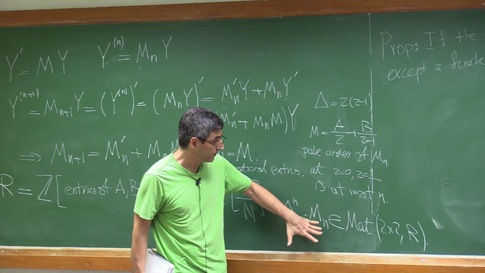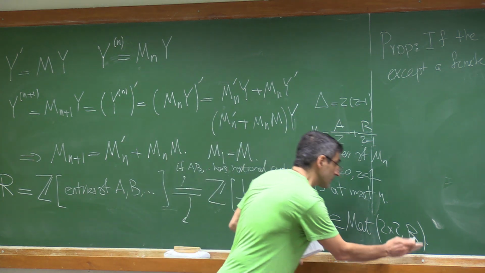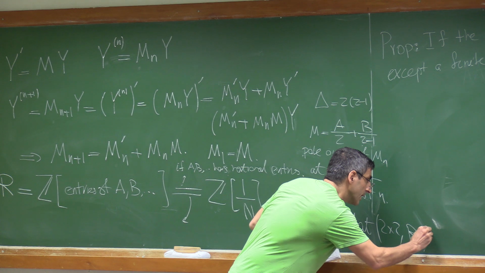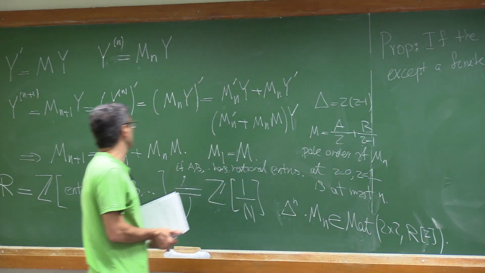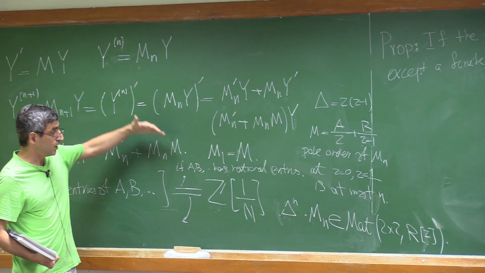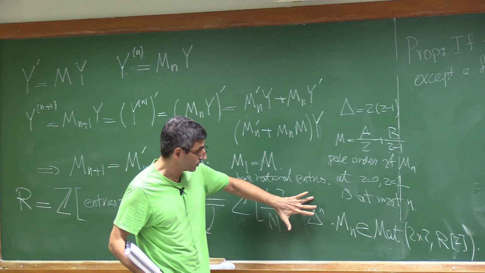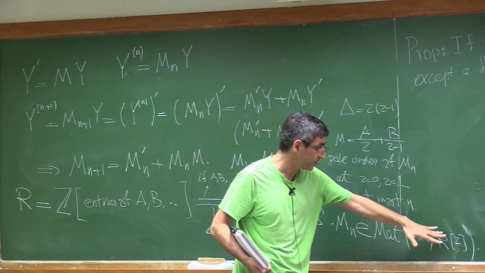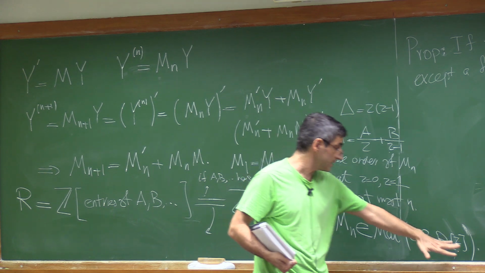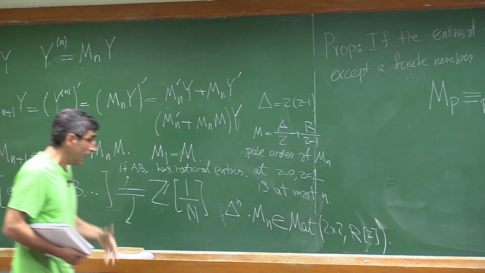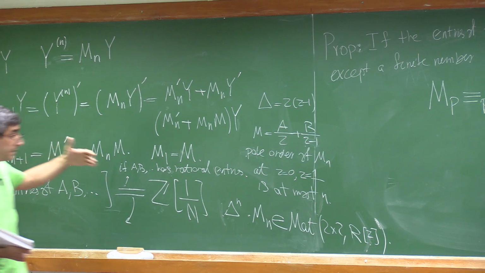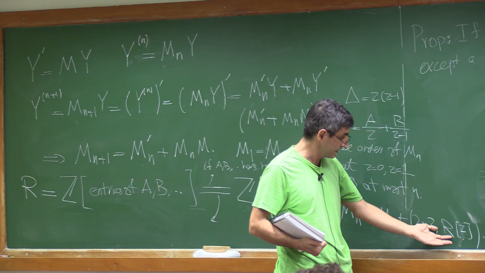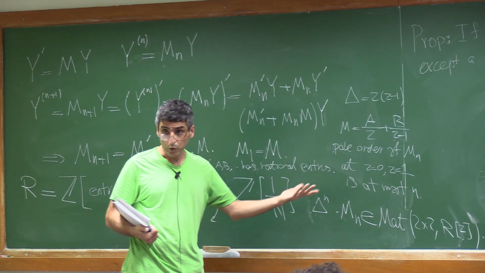Delta^n M_n will be just polynomials in z, because the denominator is delta to the n. The numerator will be just polynomials in z with coefficients in R. And then you say that all these things that you get after mod p must be 0.